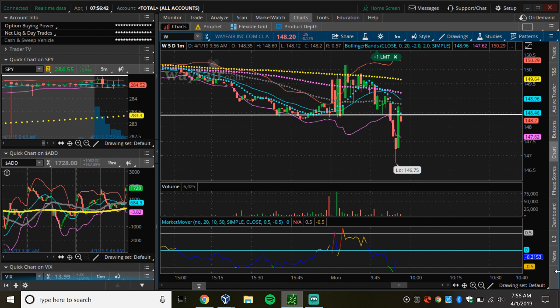Moving averages still right there, chopping up the price. 148.20 still in that range from last week. Chipotle going lower as well. A lot of great things happening this morning.